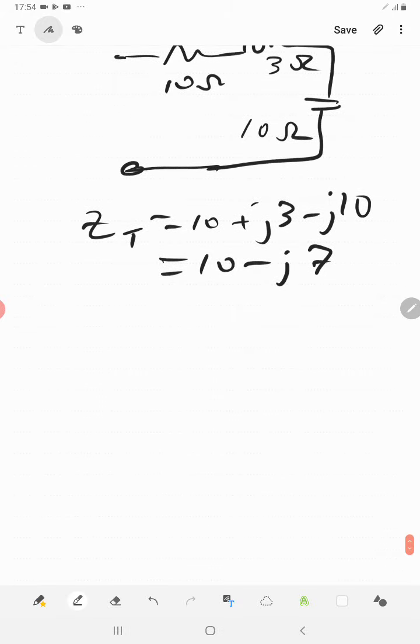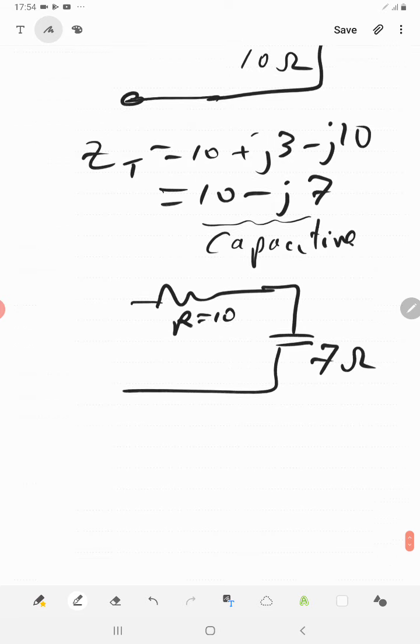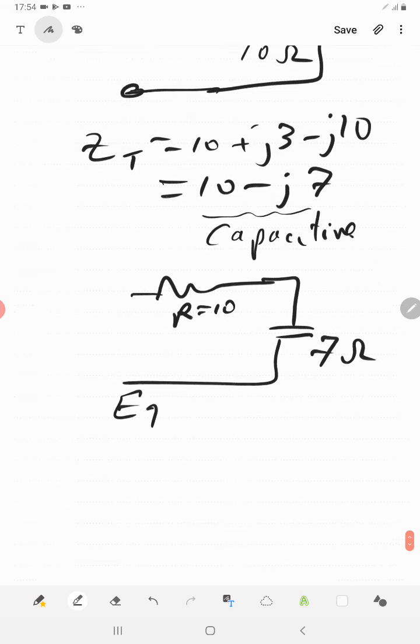Now the equivalent circuit for this: since you have minus j here, you say it's a capacitor. The equivalent circuit has 10 ohms and a capacitance of 7 ohms. Why capacitance? Because of the minus j.